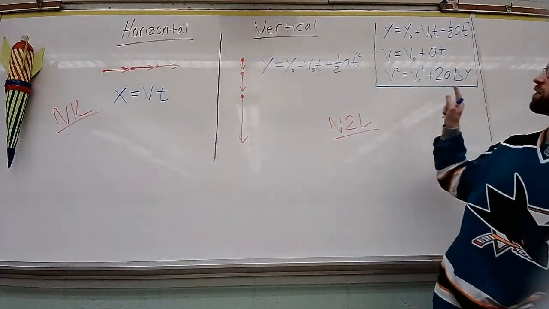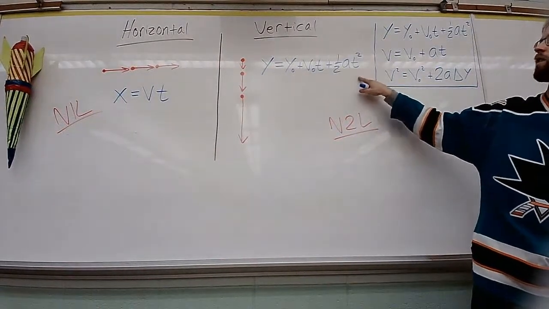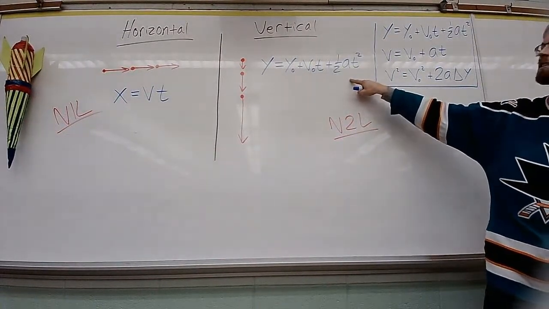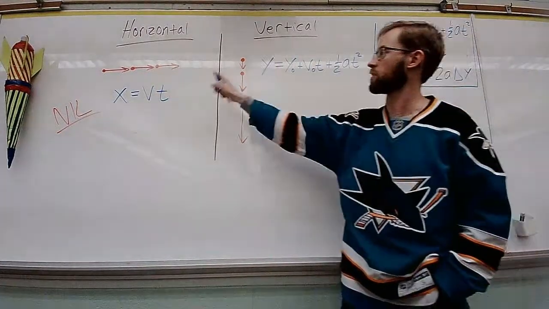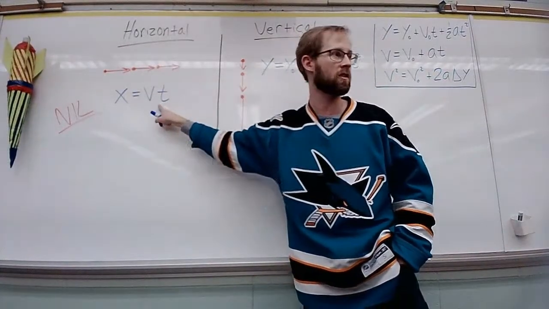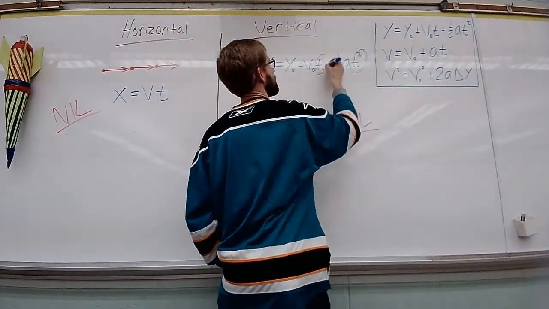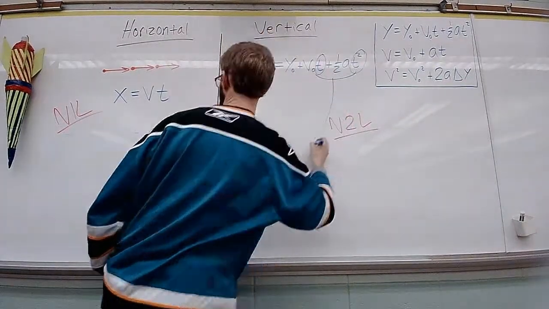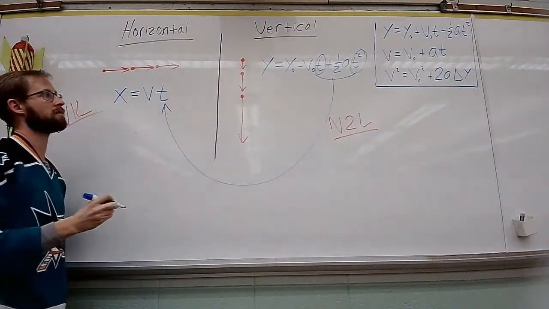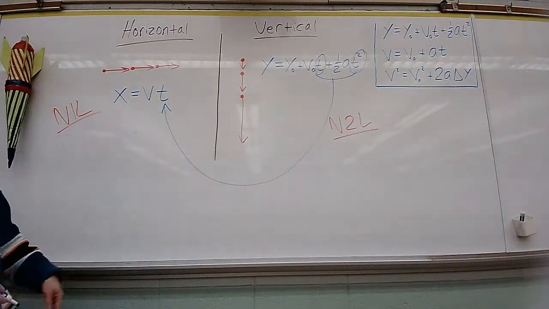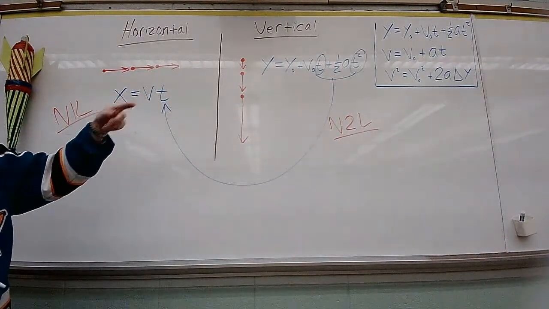If we can use this equation to figure out how long that object is in the air, we can use that to solve for horizontal position over here. So time is the way that we connect these two equations. Make sure you know that time is shared between those two.